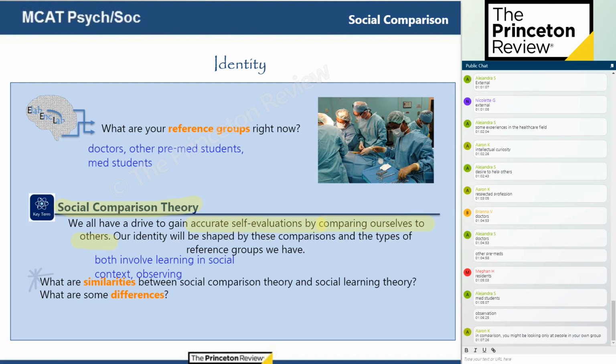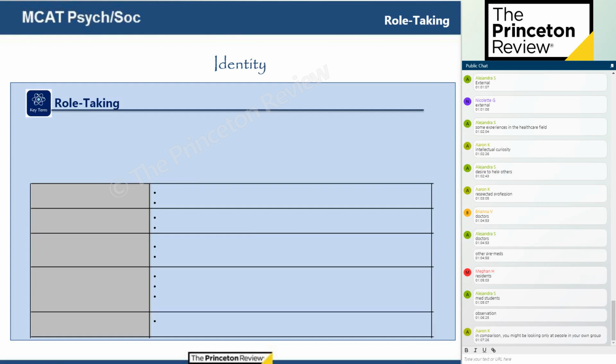Yeah, social learning is about observing kind of generally, whereas social comparison involves a specific group. Good. All right.